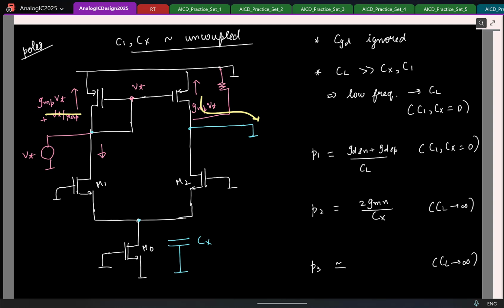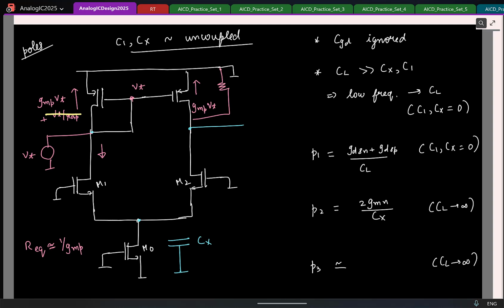So the resistance is how much? 1 by gm. Right. So I'll say that R is approximately 1 by gmp. But remember, if this is not a short circuit, then some portion of this current can flow down, and that will also contribute.